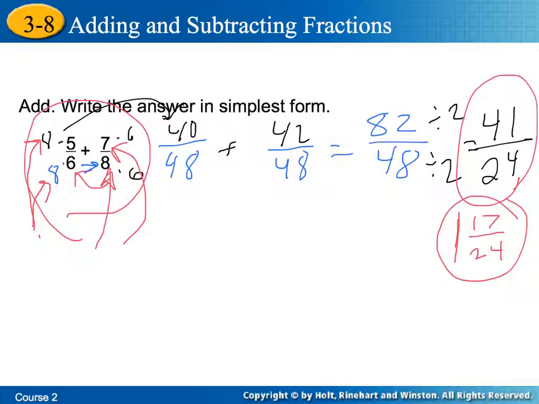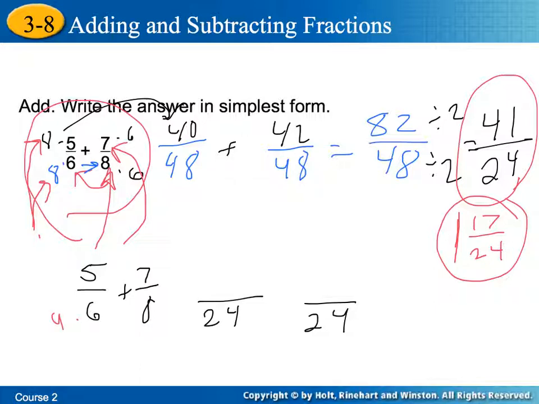Now, the other way you may have seen this, if I give you 5/6 plus 7/8 again, you may notice that 6 and 8 have a common multiple of 24. Meaning 6 times a number can get to 24, and 8 times a number can get to 24. If you look at this, 6 times 4 is 24.